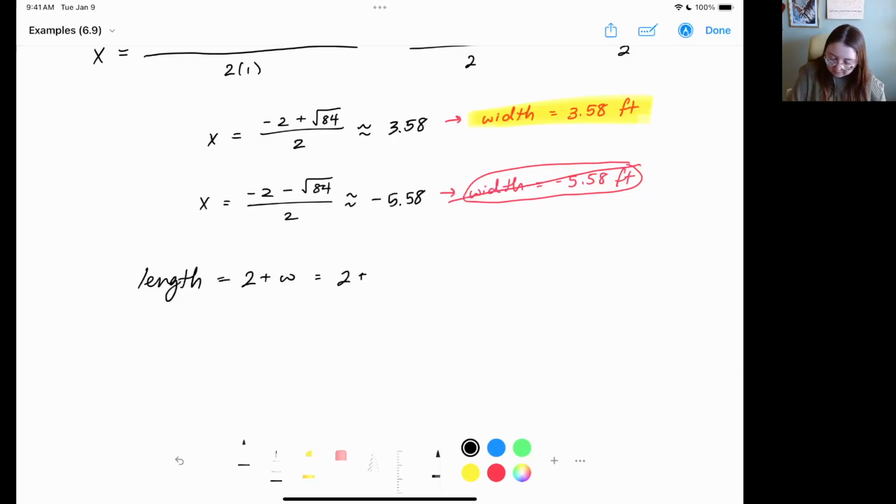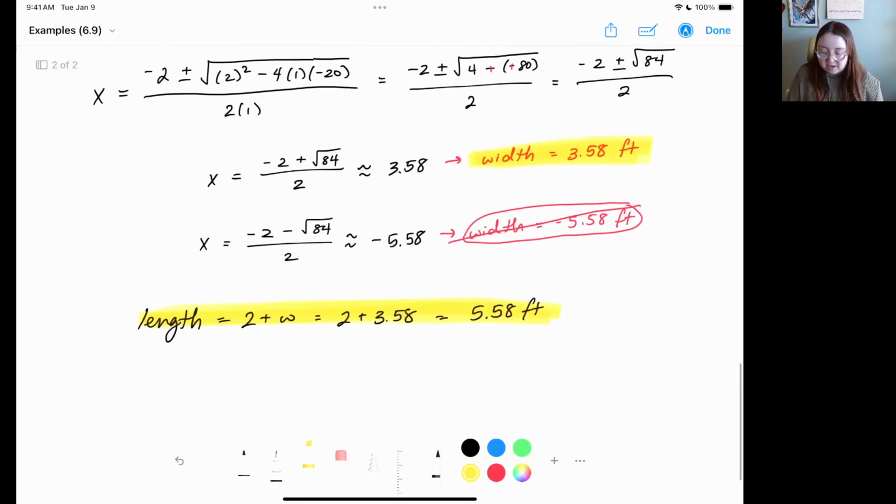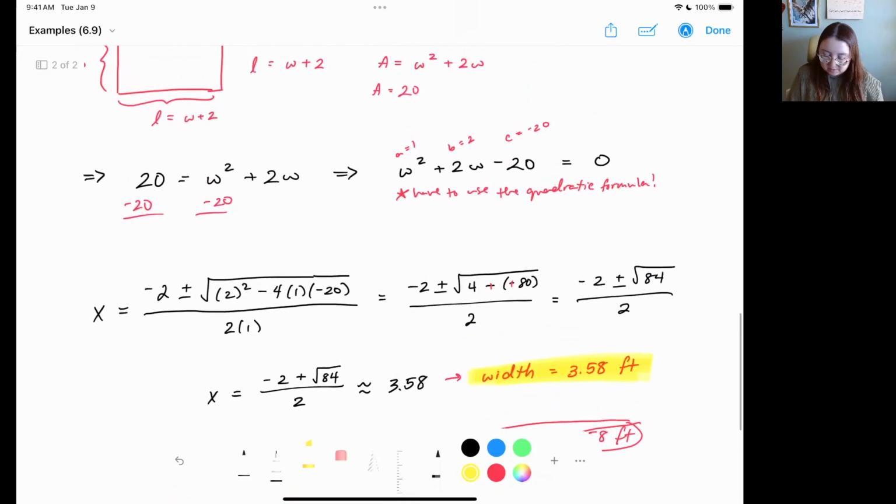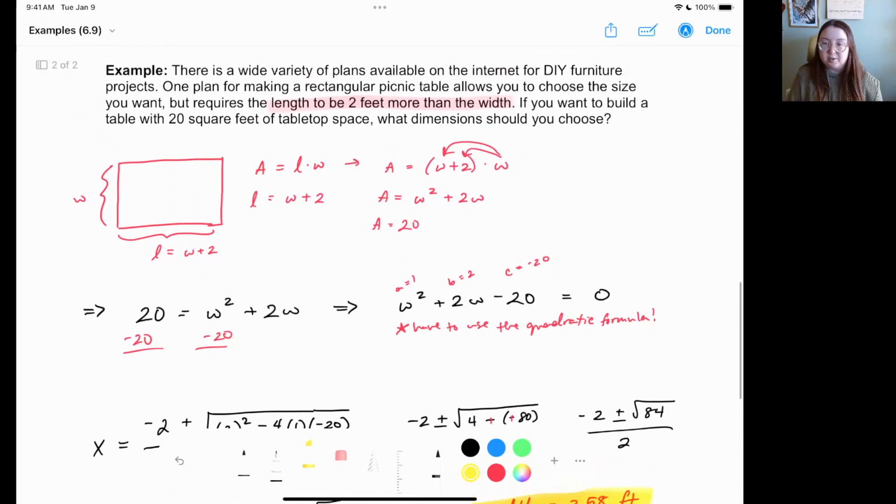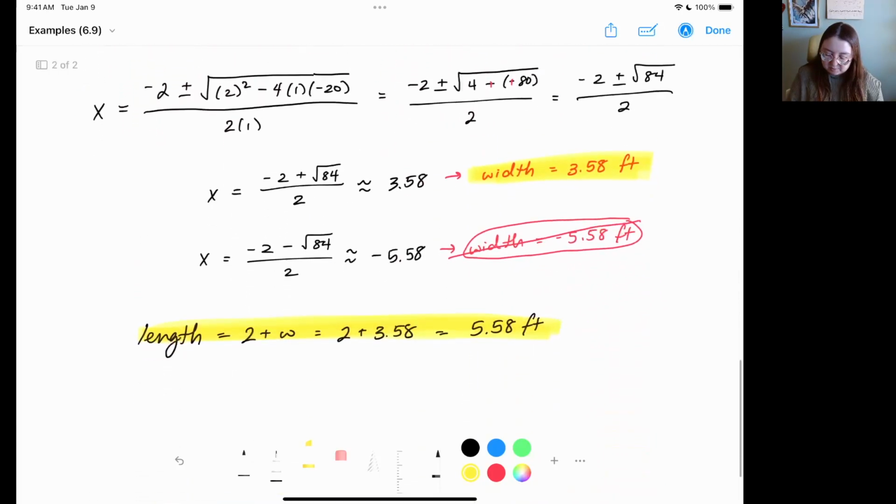The width is 3.58. So our length is 5.58. So now we have the width and length. That's really all we needed because we just needed the dimensions, which are the value of width and length. So we did find the dimensions. We found what we were looking for.